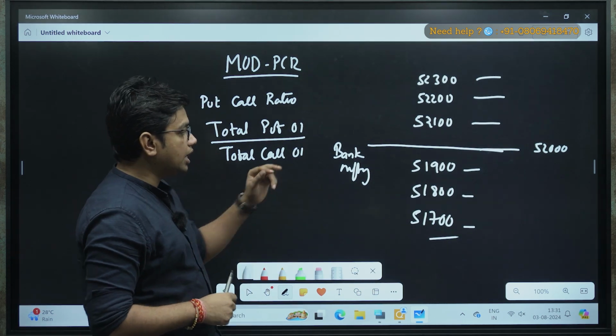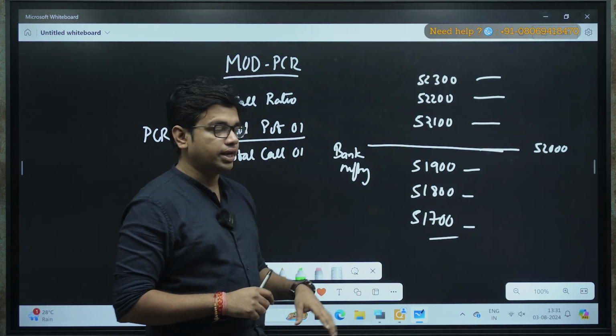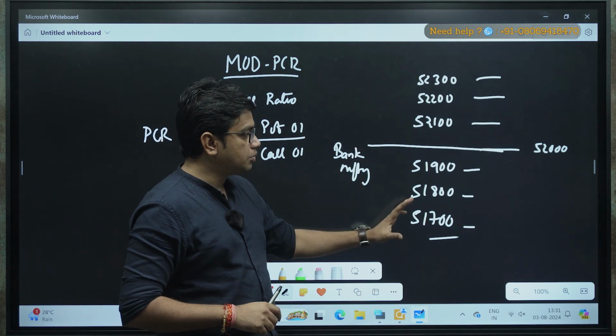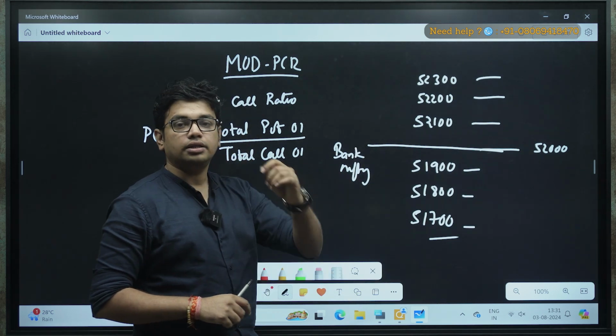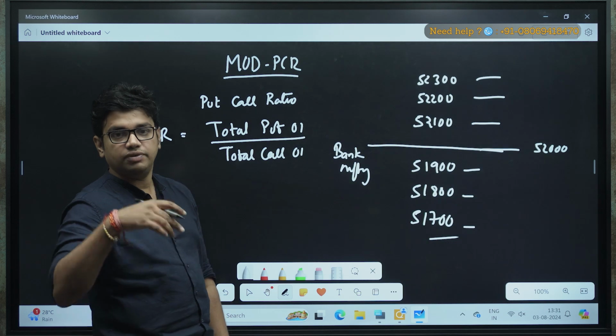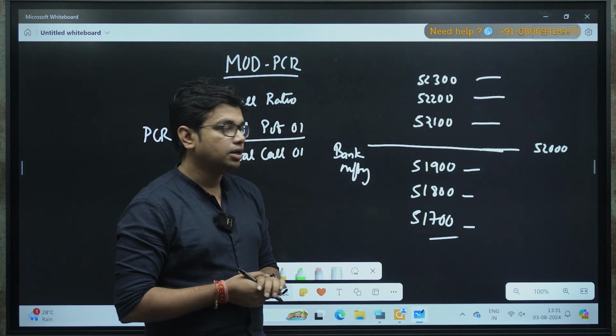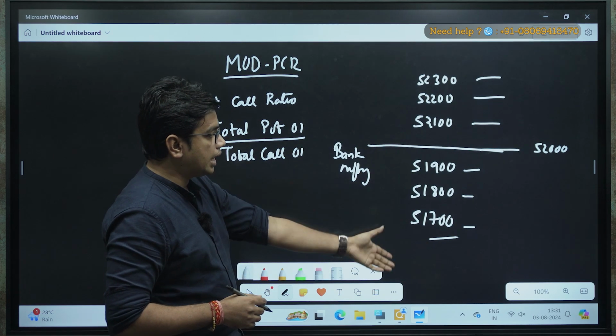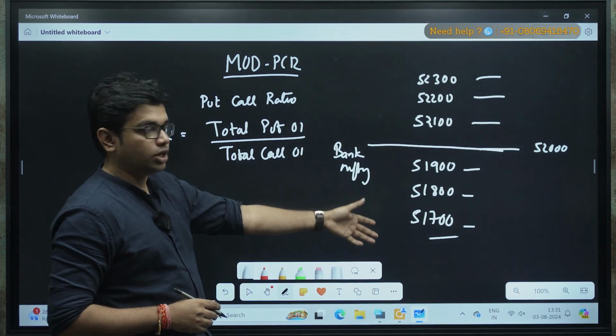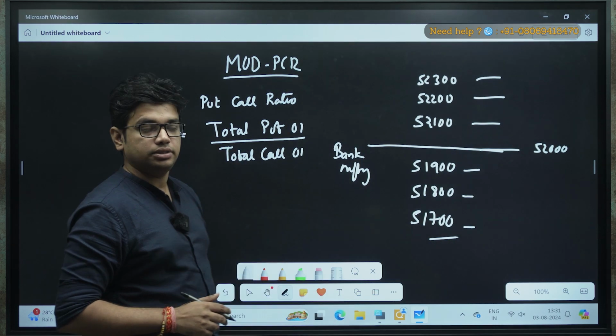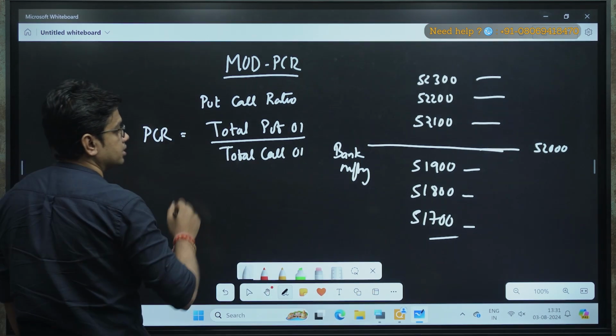So they have the OI. As soon as I write my put option over here, the OI will be generated, the OI will increase. Similarly the OI will increase over here. Here we calculate the total OI of call and put writers.